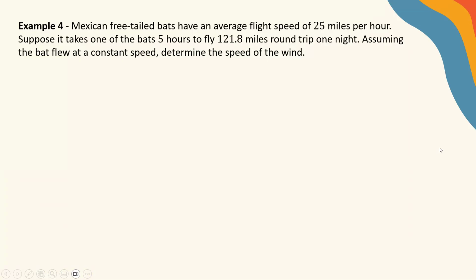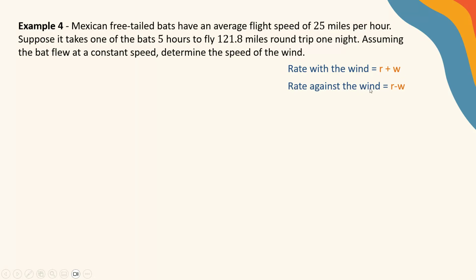Example 4. Mexican free-tailed bats have an average flight speed of 25 miles per hour. Suppose it takes one of the bats 5 hours to fly 121.8 miles round trip one night. Assuming the bat flew at a constant speed, determine the speed of the wind. So the rate with the wind is going to be 25 plus wind speed.